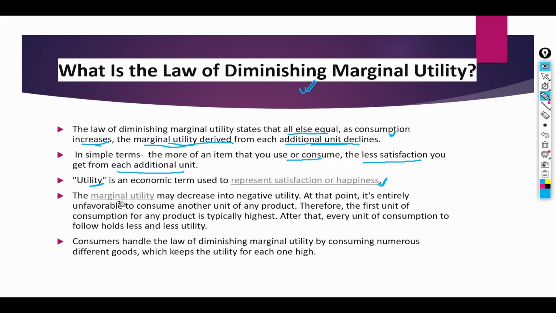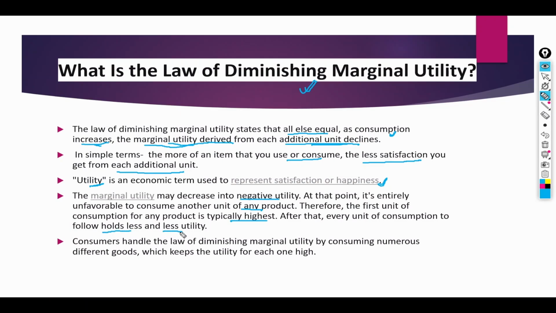The marginal utility may decrease to negative utility sometimes, and at that point it's entirely unfavorable to consume another unit of any product. Therefore the first unit of consumption for any product is typically the highest, and after that every unit of consumption to follow holds less and less utility.